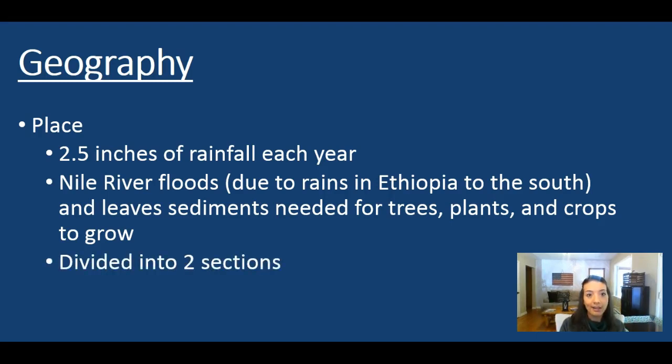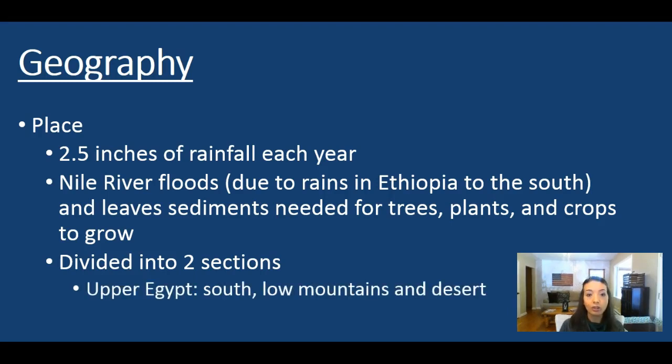Okay? Now, when we talk about Egypt, it is going to be divided into two sections, Upper Egypt and Lower Egypt. Okay? So you want to think of Upper Egypt being in the south, and that is because it has higher elevation, okay?